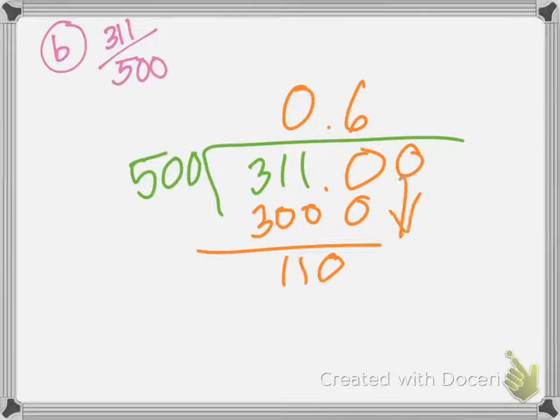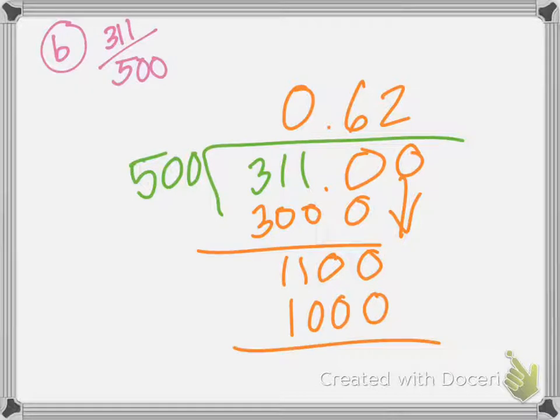So I bring my 0 down here. How many times on our fingers does 500 go into 1,100? Yeah, those of you who are showing it goes in 2 times, which is 1,000. I now have 100 left over. I have to keep going until I either get a matching pair or I get a 0. How many times does it go into 1,000 on your fingers?